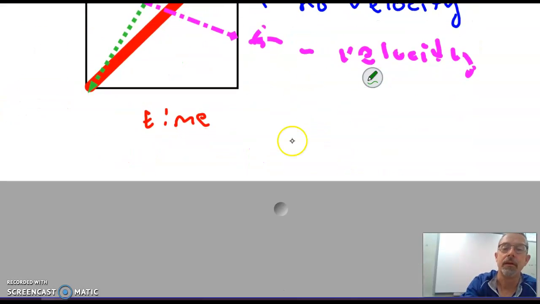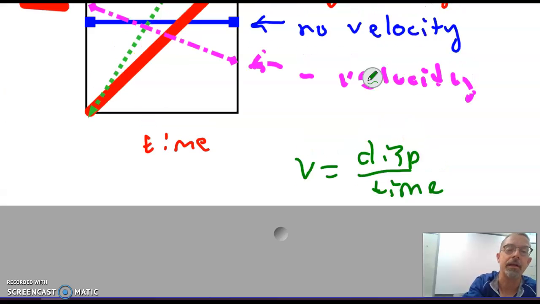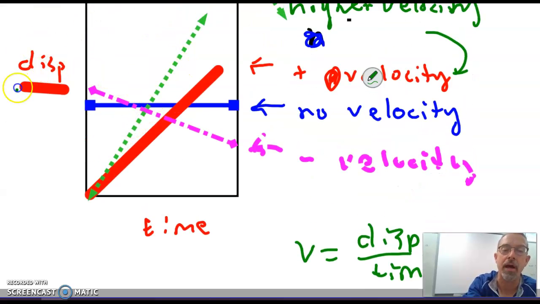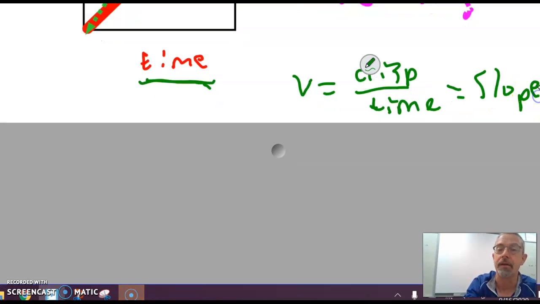Velocity is going to be displacement divided by time. And you'll see here that the slope of my graph is displacement divided by time. That's my rise divided by my run. So the steeper the slope, the higher my velocity is going to be. Okay?